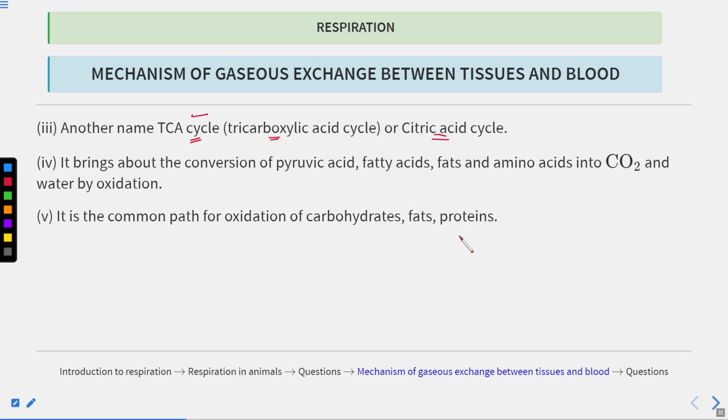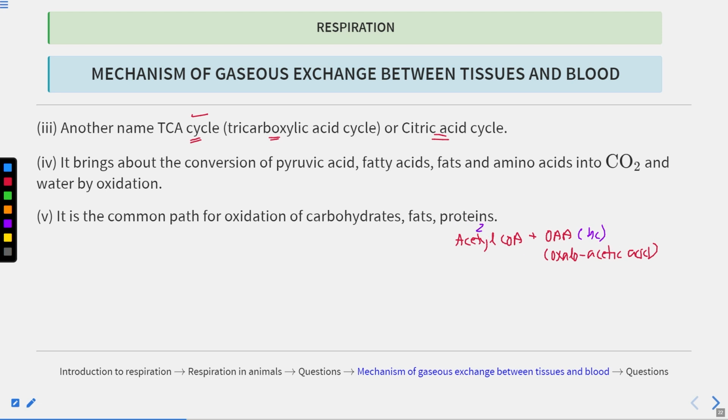So what happens? Now acetyl coenzyme A, produced by the process known as oxidative decarboxylation, binds with oxaloacetic acid, which is a 4-carbon compound.